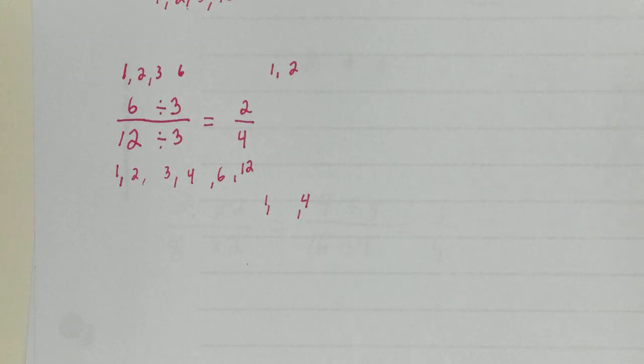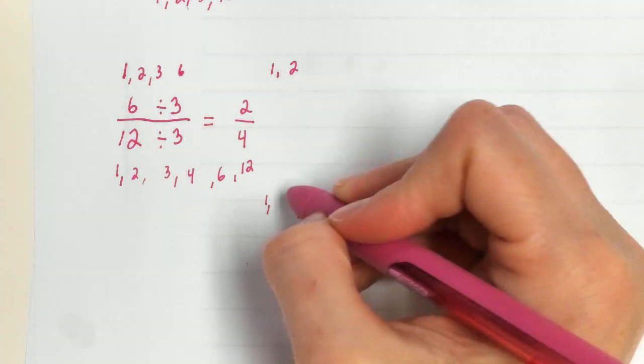So I did 1. What about 2? Can I multiply 2 by something to get to 4? 2 times? Not a trick question. You know the answer. 2 times what equals 4? Well, count by twos. 2, 4. So 2 times 2 equals 4.